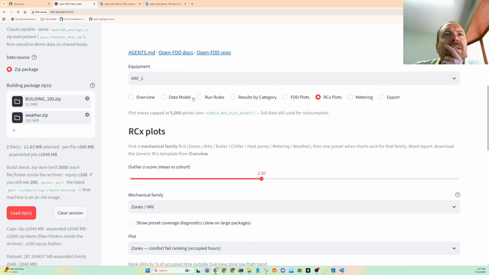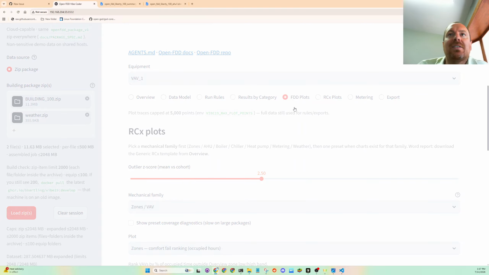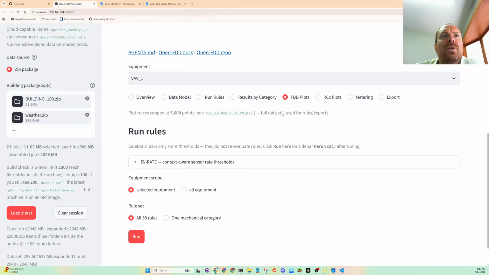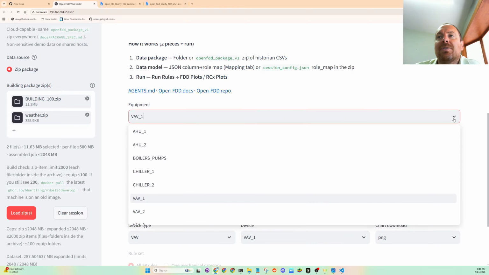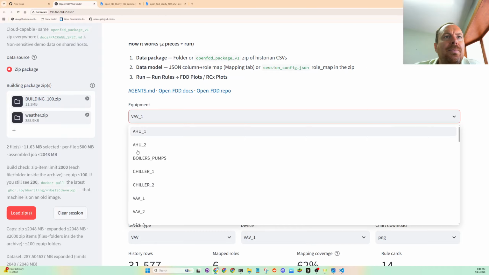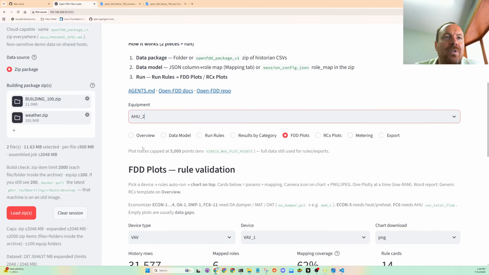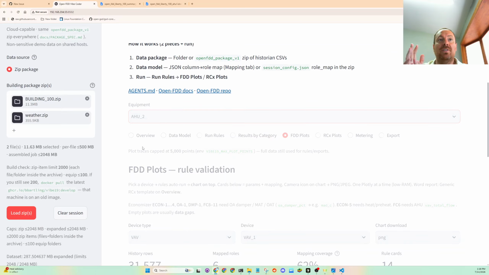I don't think we covered, actually, I'm sorry, these fault detection plots. Just want to go back through. This app is a little bit slow. Just look at air handling unit 2. I know that air handling unit 1 seemed to be the one with the majority of the issues.